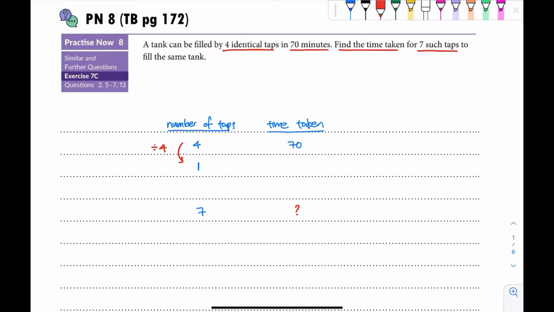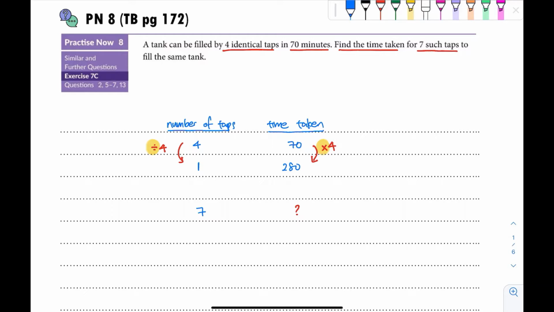It should be more time to fill up the tank. So we will times 4 on the other side. Notice that there is an inverse proportion relation whereby we divide by 4 on the left, but we times 4 on the right, because logically speaking, when there are fewer taps, it takes more time. So 70 times 4 will give us 280 minutes.